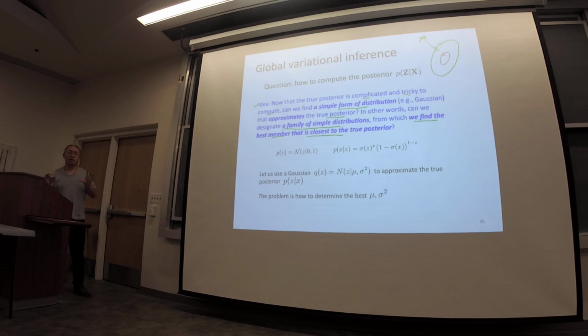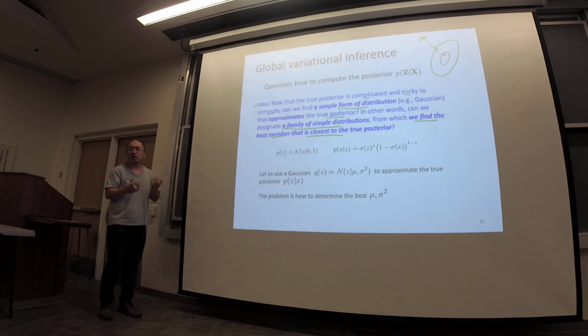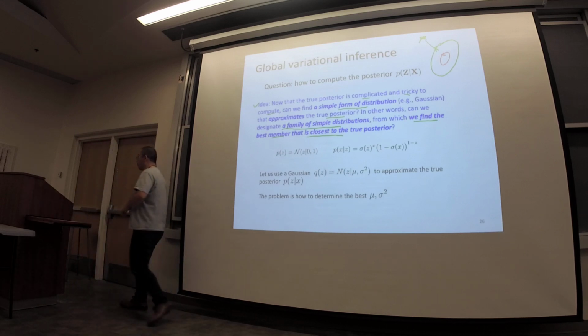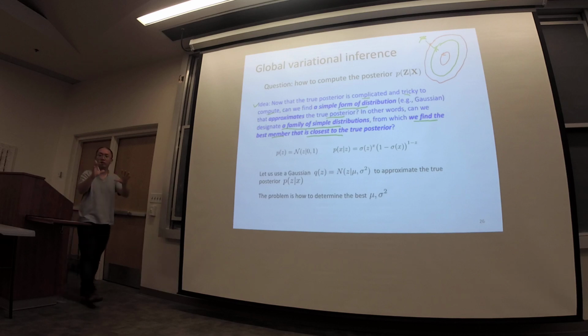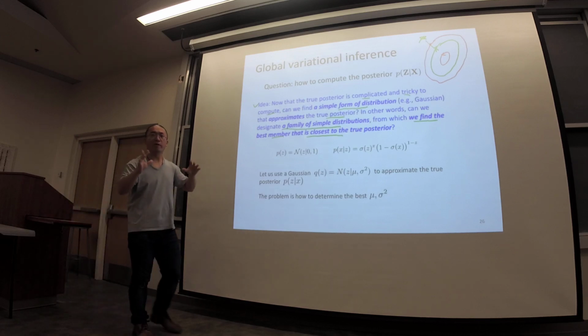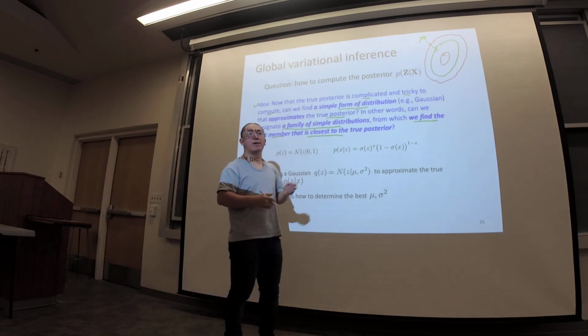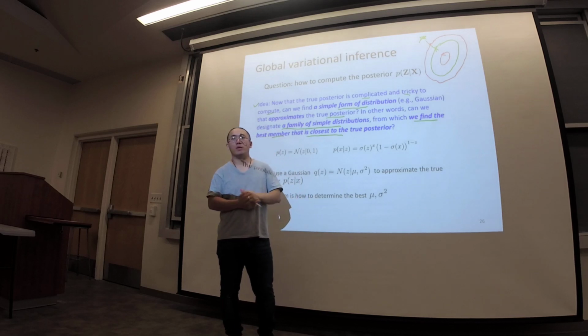When you enlarge the approximation family, you are likely to find a better approximate distribution. At the same time, searching over a larger family of approximating distributions will be more challenging and more computationally costly. So this is a trade-off.